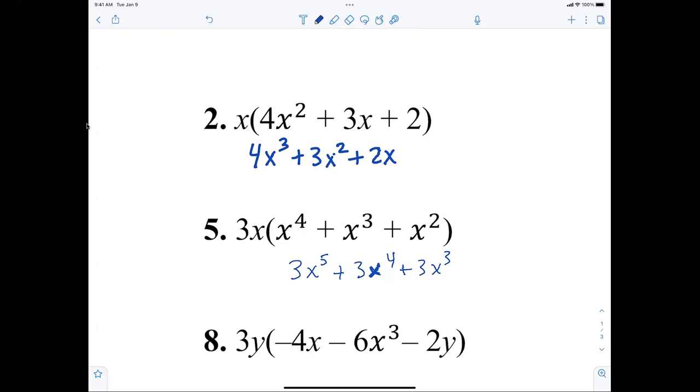Distributive property. Thank you very much. And what is the rule? Multiply numbers and add exponents. This right here is to the first power. So 1 plus 2, that's how I got 3. 1 plus 1, that's how I got 2.